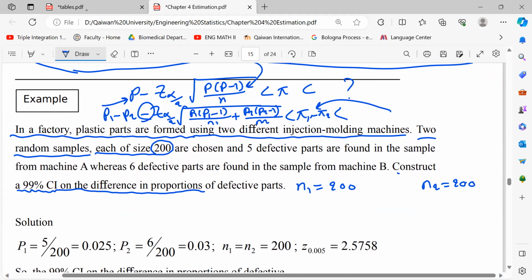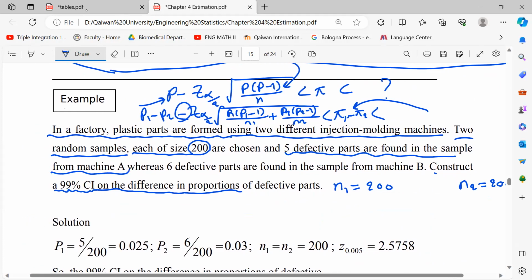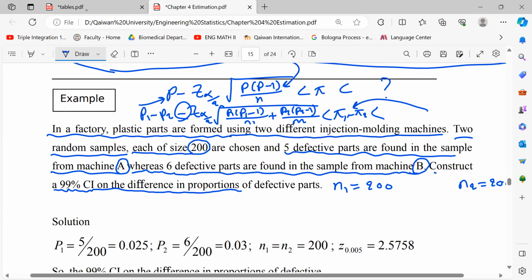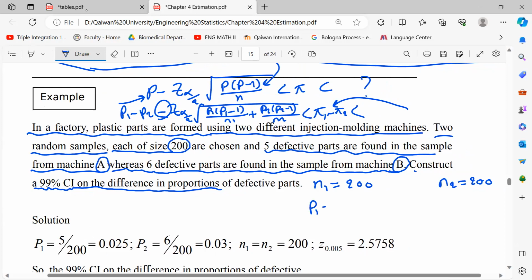Samples are chosen and 5 defective parts are found in the sample from machine A, from population 1. And 6 defective parts are found in the sample of machine B. Means in the first group we have 5 defectives, in the second we have 6 defectives.